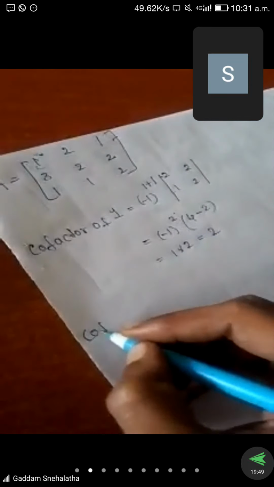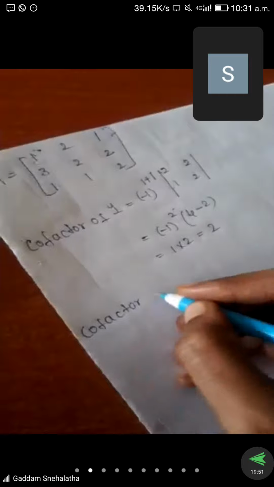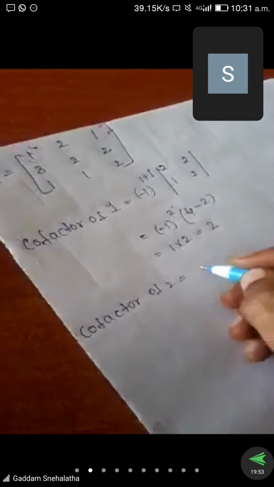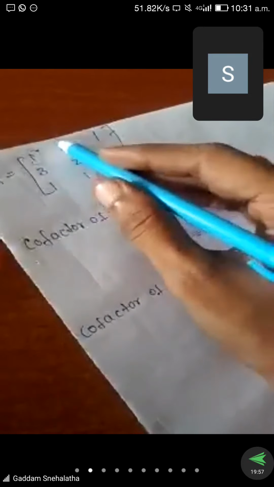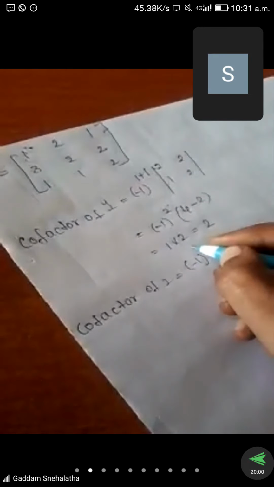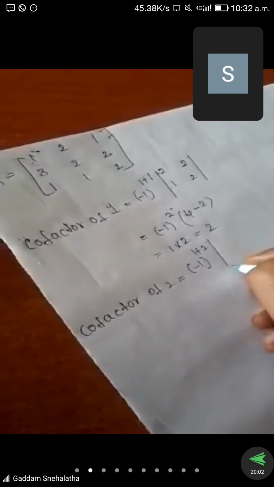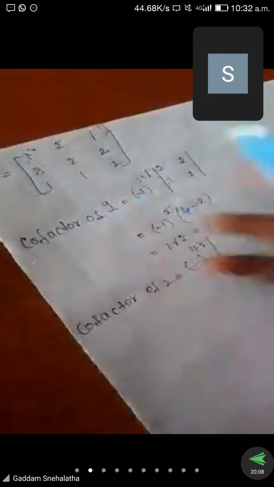Next, the second element, cofactor of 2, is equal to minus 1 to the power of, it is in the first row and second column, so row number 1 plus column number 2. We leave this row and column. The remaining elements are 3, 2, 1, 2.